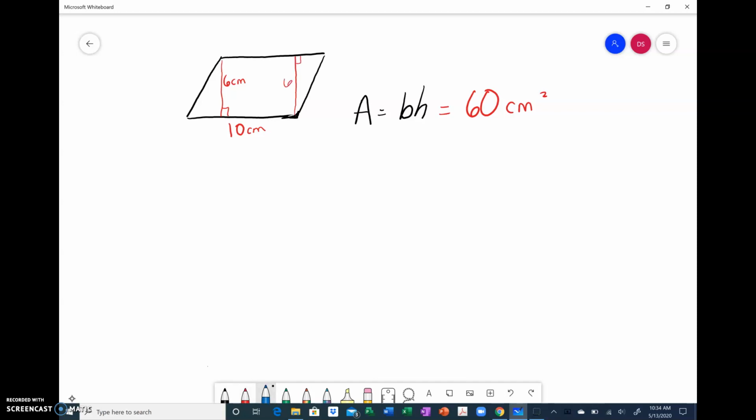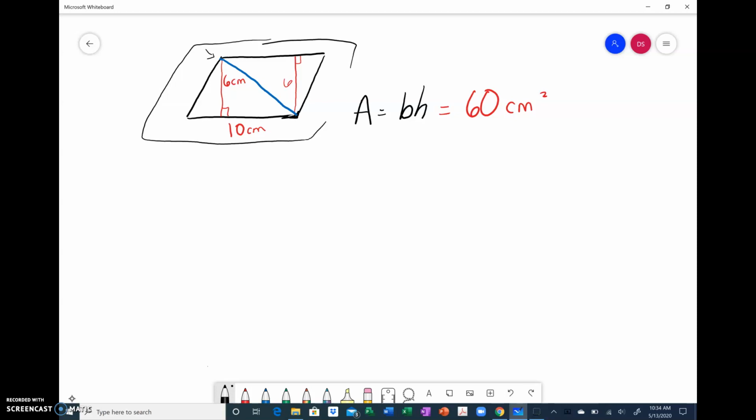If I divide this parallelogram into two triangles and tell you that to find the area of a triangle, well, if you know the entire parallelogram's area is 60 centimeters, then all you have to do is cut it in half, just like I did here with this diagonal, okay?